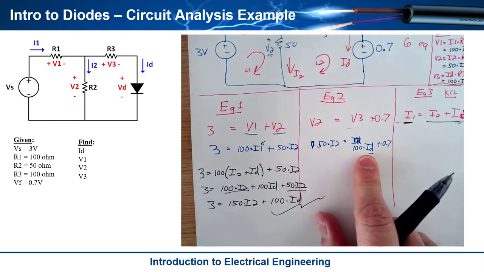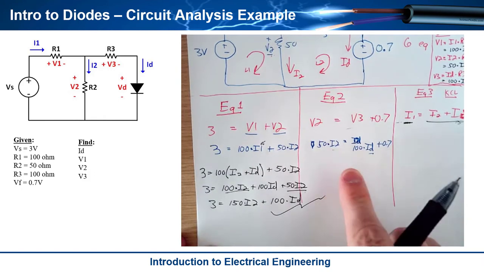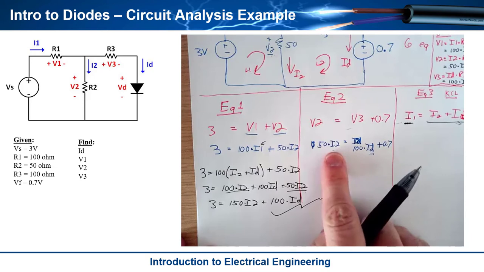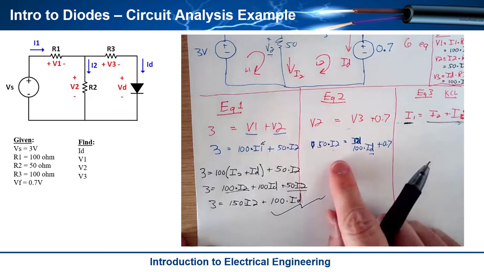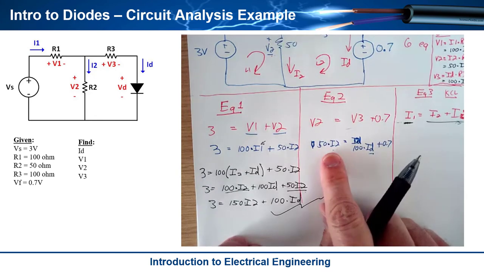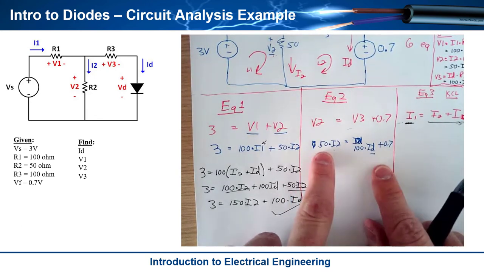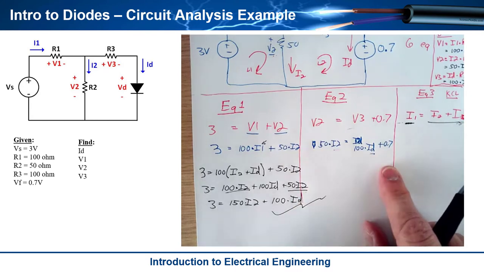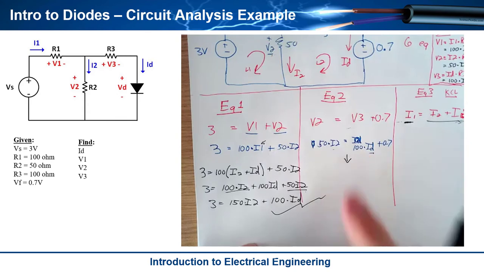Oh, this is so awesome. Now what I need to do is plug these into each other and get rid of I2. When I look at this, which one would be easier to rearrange? This one right here appears to be easier because I have 50 I2 on the left-hand side, and I just need to divide 50 through on the right, and it would isolate it. Let's do that really quick. I'm going to divide both sides of the equation by 50.